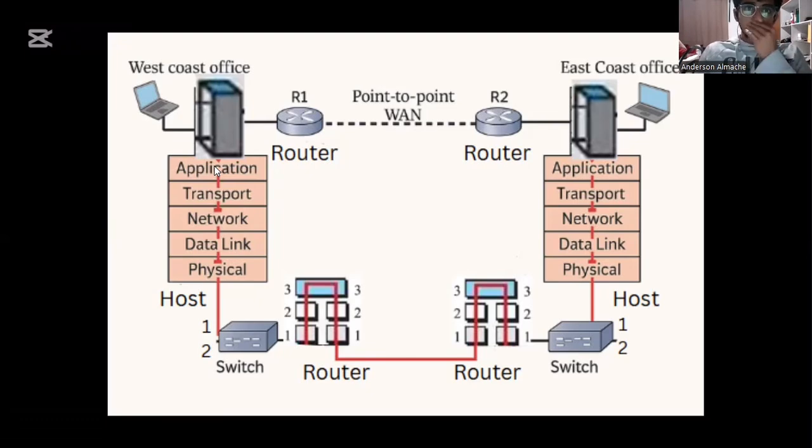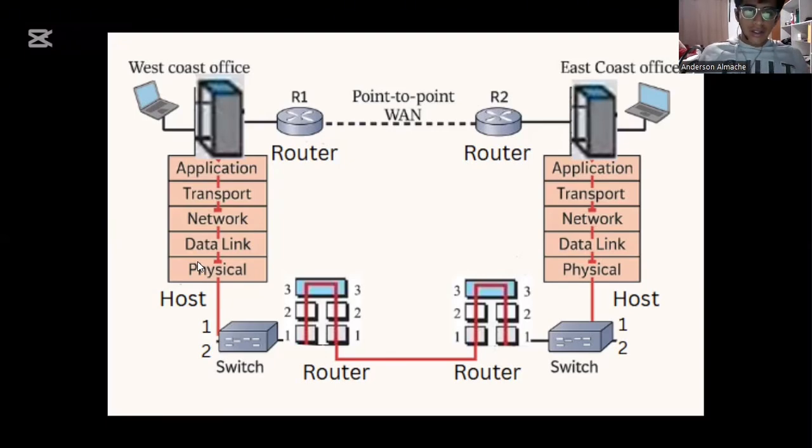First, the application layer, then layer 2 is transport, layer 3 network, layer 4 data link, and layer 5 physical.